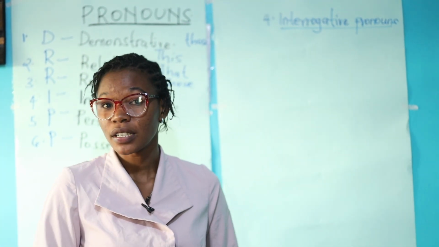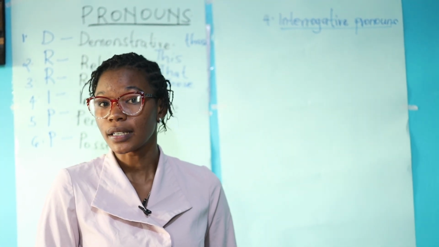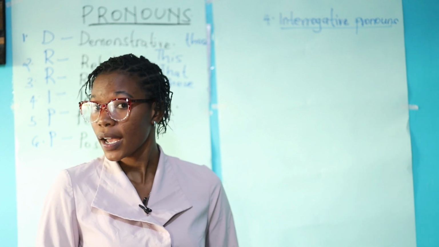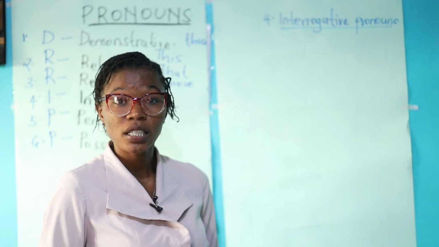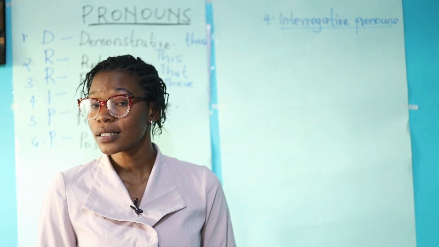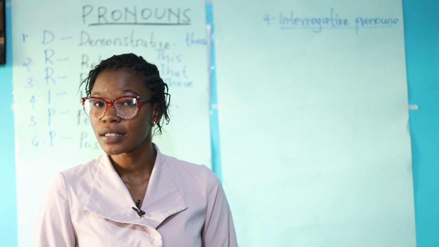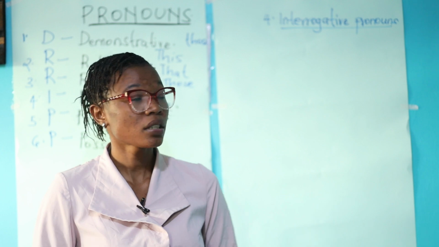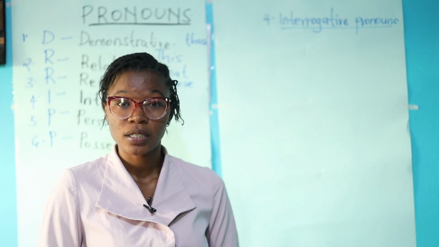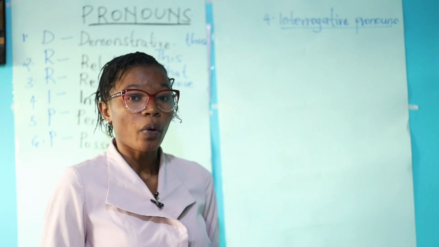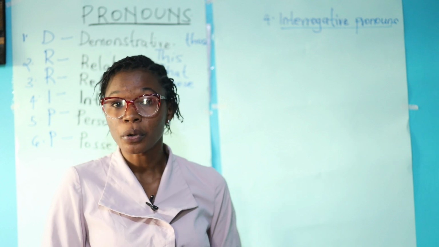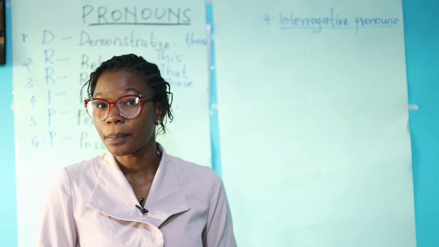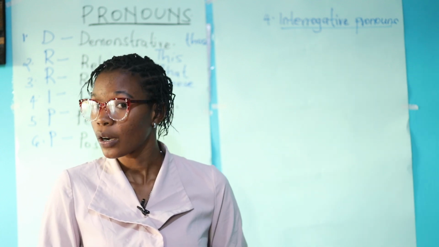From the word interrogative, we get the word to interrogate. To interrogate is to ask. Now we can say these pronouns are used to ask questions. For instance, if we don't want to repeat the same noun in a sentence, we can use interrogative pronouns. Note, when we are using these interrogative pronouns, we should always use a question mark.